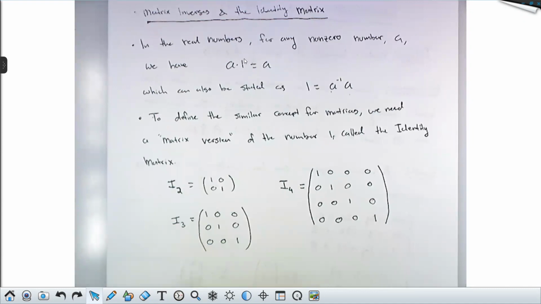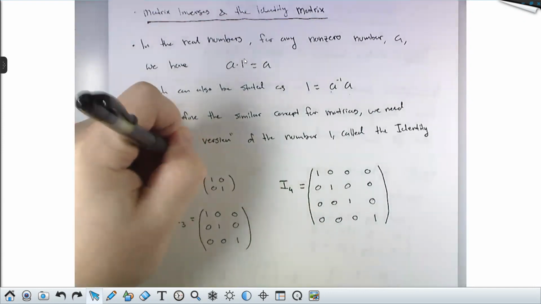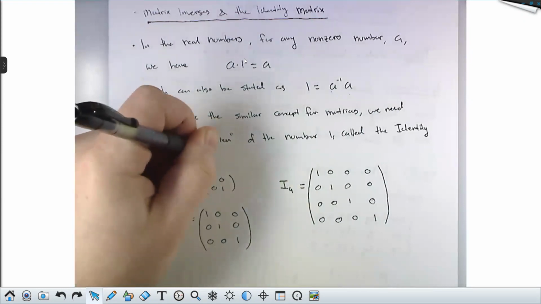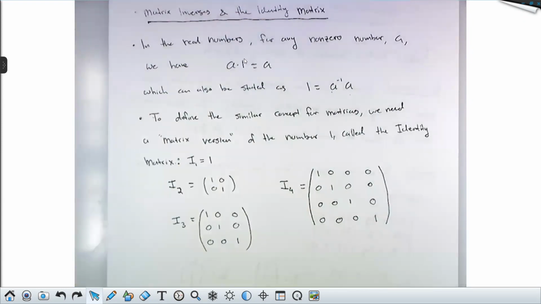I suppose I1, if you want to, would just be the number 1. So this matrix has the property that if you multiply it by any matrix that you can multiply it by, you will get that same matrix back.